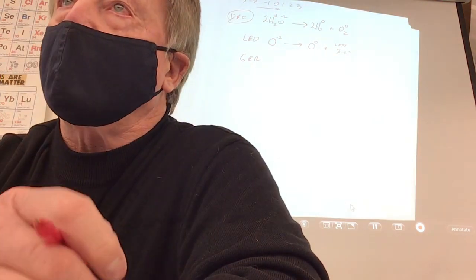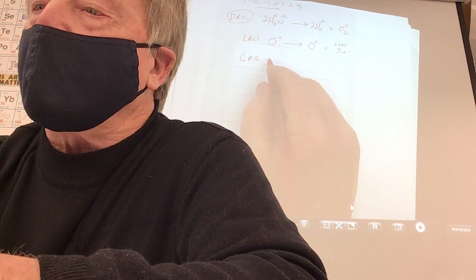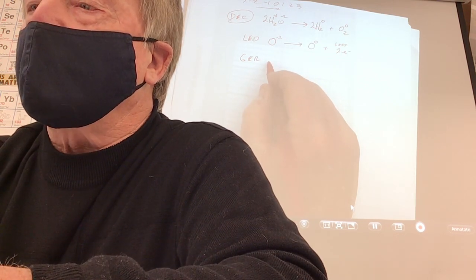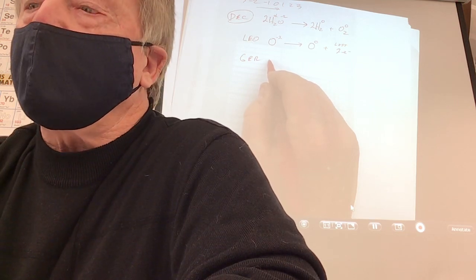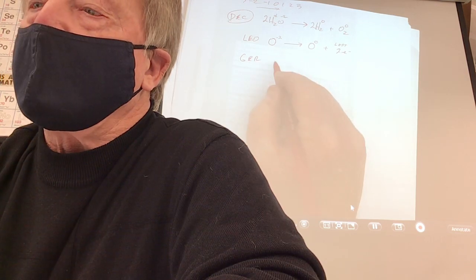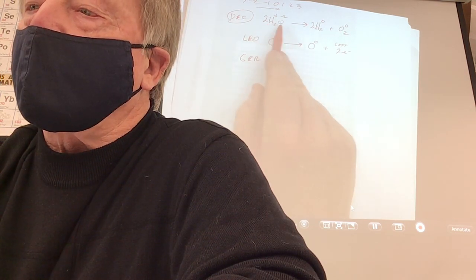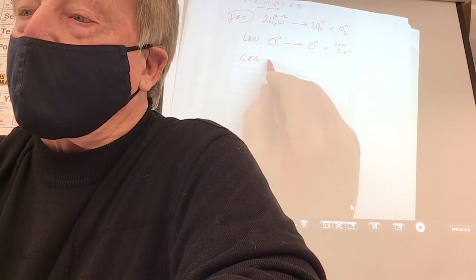See that? Now, let's go down here and tell me who got GERD, who got reduced? Who gained negative electrons and became more negative? Probably, because that's the only one left.